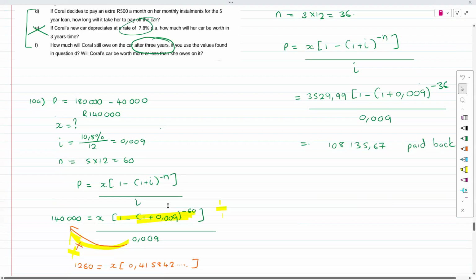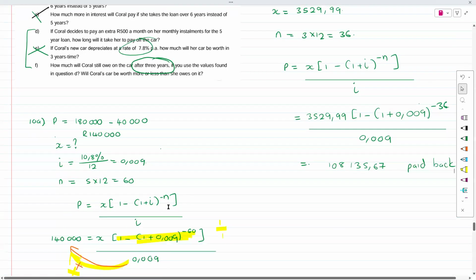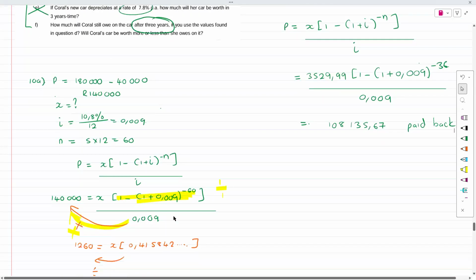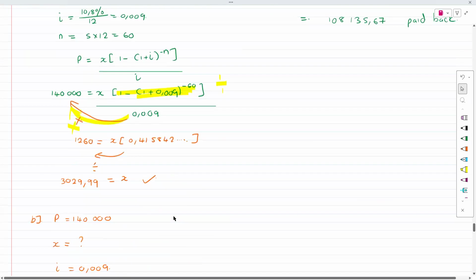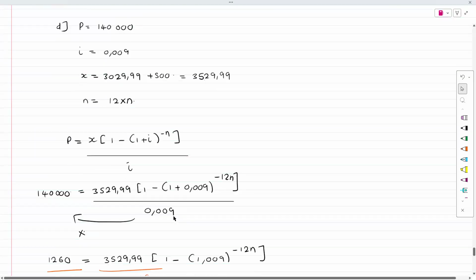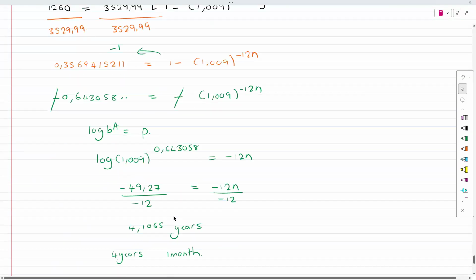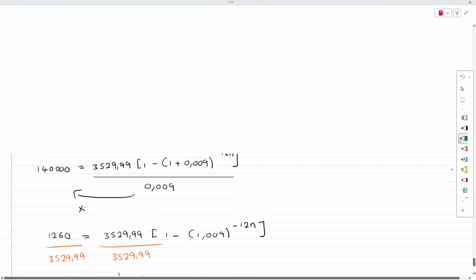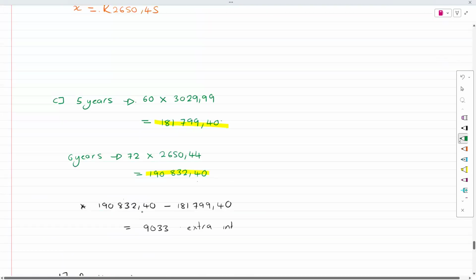What we need to understand is how many payments did she need to pay back completely? So we need to double check something quickly. Because if I'm not mistaken, in question D, our final answer was 4 years and 1 month. So let's deal with that, right?